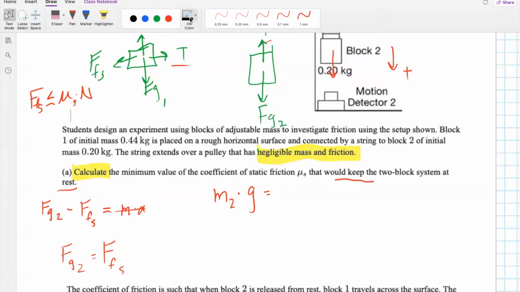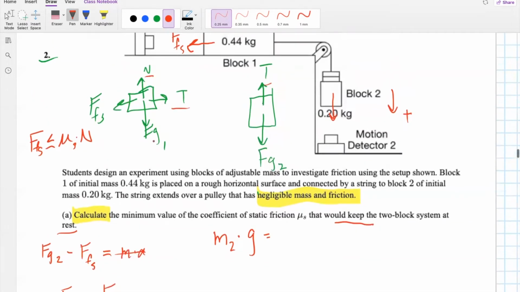And what's the normal force? Well, at the end of the day, recognizing that block 1 does not accelerate up nor down, just sideways, we can say that the normal force on block 1 is going to be equal to the force due to gravity, m1g. Okay, so what does this all tell us?